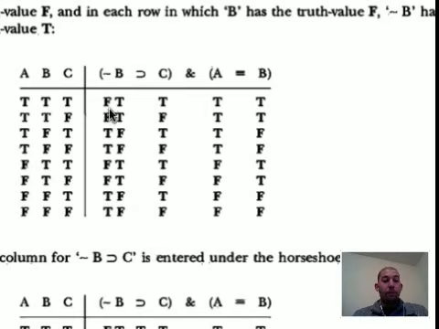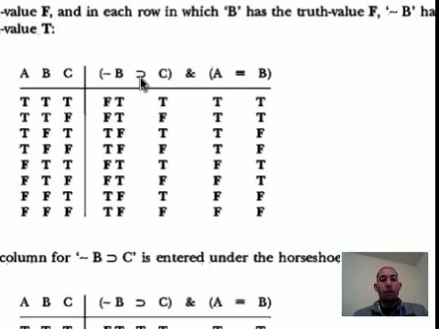Okay. So the next thing we have to do is we keep working our way out to wider and wider scopes. So the next truth functional connective is going to be the material conditional. And here are the truth values we're going to look at. So remember, for the material conditional, we always need to be looking at the two truth values.